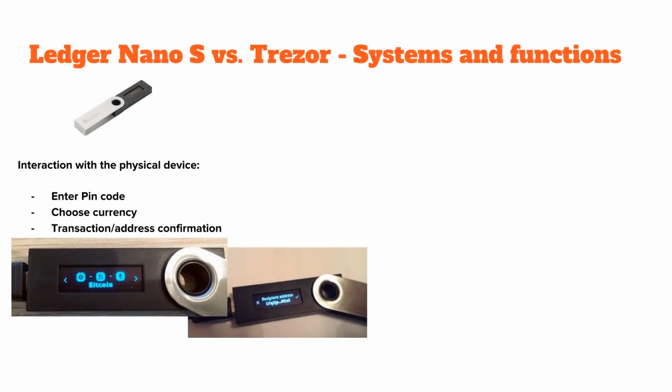Now this is what I was kind of talking about earlier. With the Ledger Nano S, there's a lot more interaction with the physical device. You actually use the physical device to enter the PIN code. You actually use the device to choose the currency. For example, you can choose the currency here, Bitcoin or Ethereum.